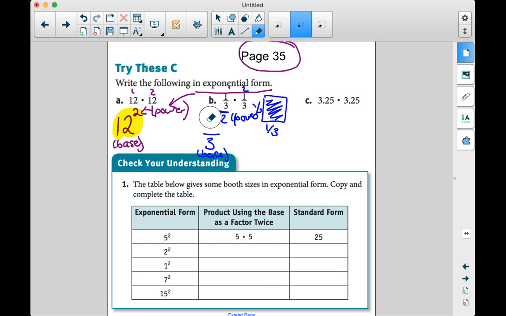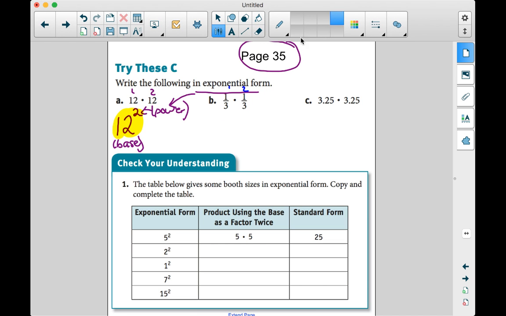Now, I want to clarify here. When you write this, it is correct to write it using what we call a superscript. So I have my 1/3, that's a big regular number, and my square is this little tiny 2. And I can put parentheses around it just to keep it organized. That is the correct way to do it.